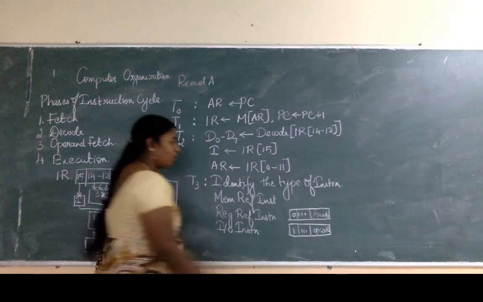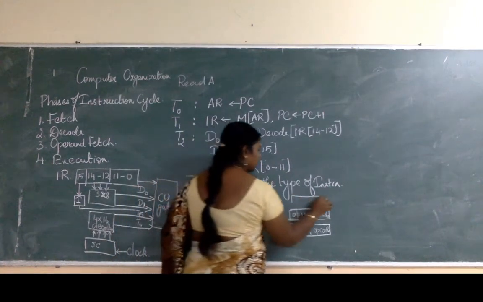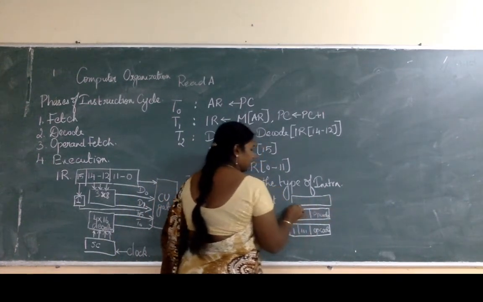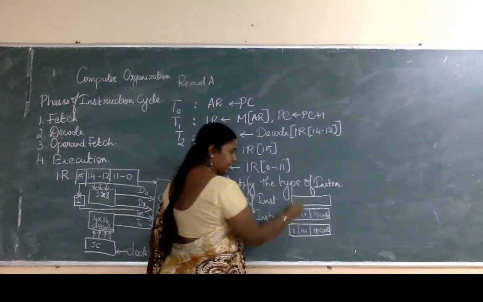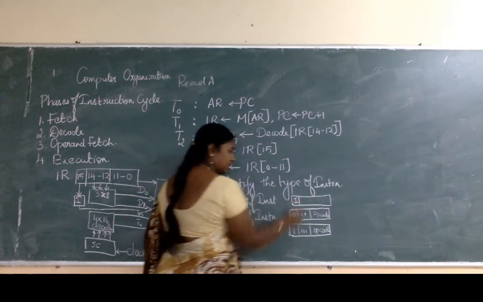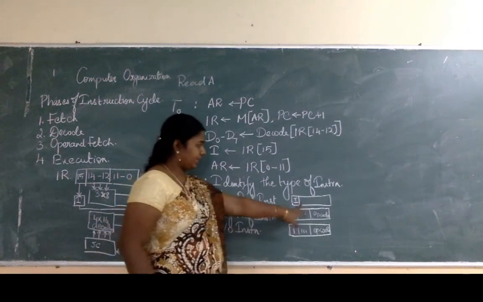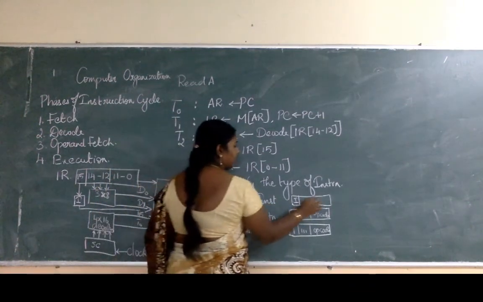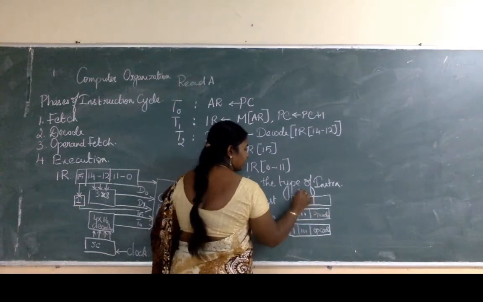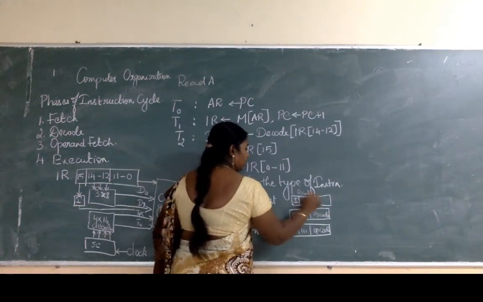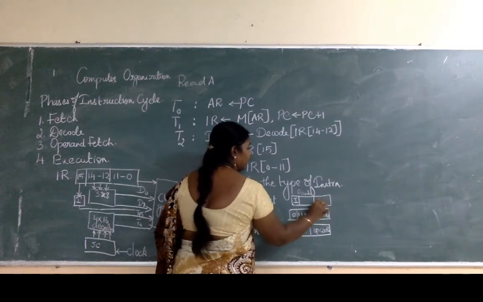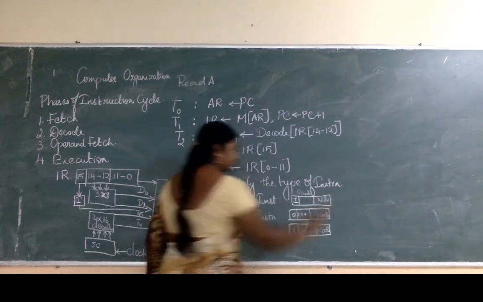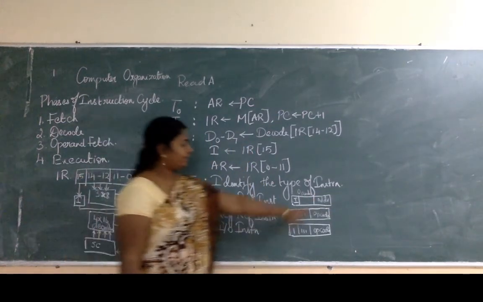Right? Only for a memory reference instruction, this can either be a 0 or 1, which mentions the addressing mode indicated with the bit I, followed by 3 bits which mention the opcode, and then you have the address of the operand. So bits 0 to 11 has the address.